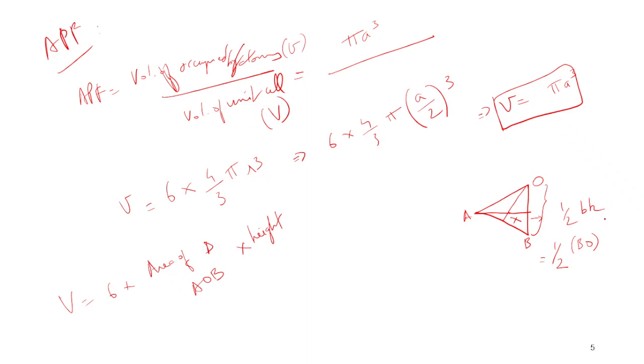And height we take as AY. So Y, I guess, comes over here, right? So we know the value of BO again is a, and the value of AY is... anyone remember?